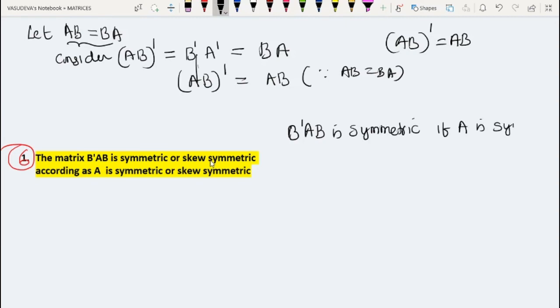Then B'AB is skew symmetric if A is skew symmetric.